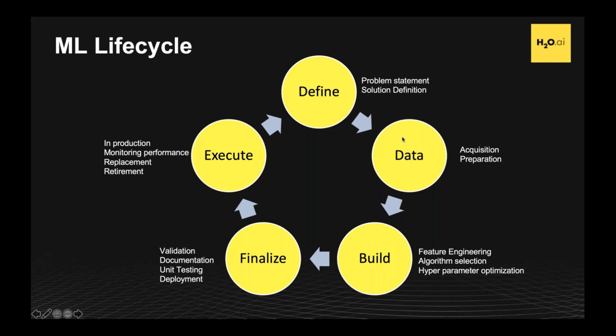And then we start with acquiring the data, processing it, storing it in the right format, structuring, and so on, followed by building the machine learning model itself, and then finalizing which model is going to get deployed, and then monitoring and maintaining the model. Right. So today the focus would be on the left-hand side of this life cycle, which is mostly on the finalization and execution side of the life cycle.